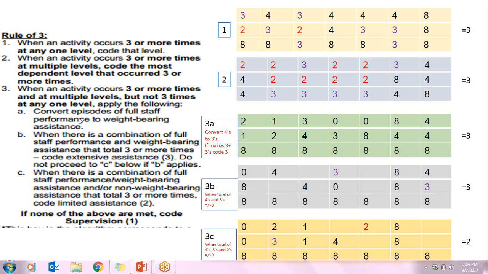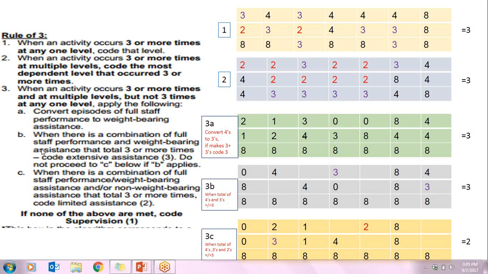For 3A, you would convert episodes of full staff performance to weight bearing. So you convert 4s to 3s, and if it makes it 3 or more times at a 3, you would code a 3. Now this doesn't say that there, but the clarified one does. So you have a couple of 2s, you have a couple of 3s, you convert these 4s to 3s, and now you have 3 plus episodes of 3, and you are okay to code a 3.